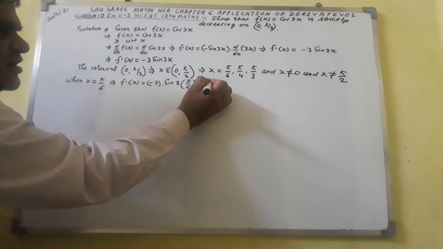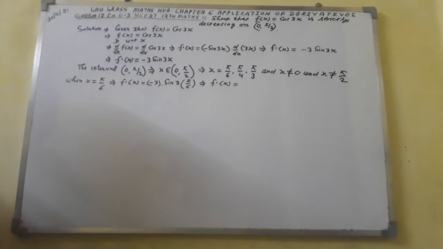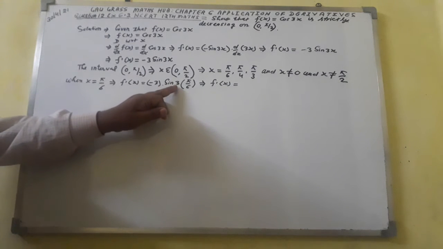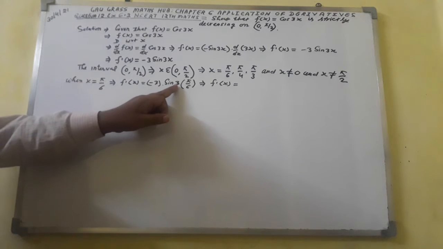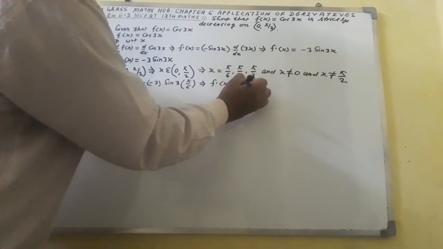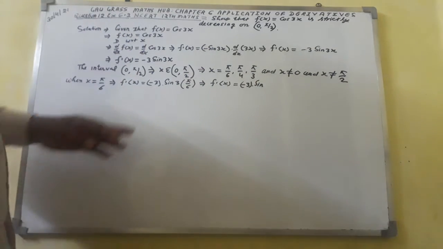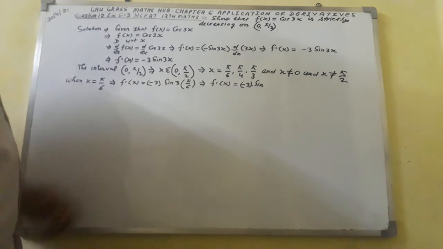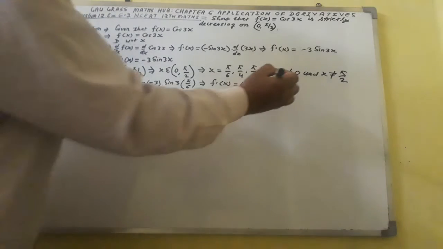Here you can see 3 is in the numerator, 6 is in the denominator. 3 twos are 6. Here I shall get minus 3 dot sine of 3 times pi by 6, that is sine pi by 2.